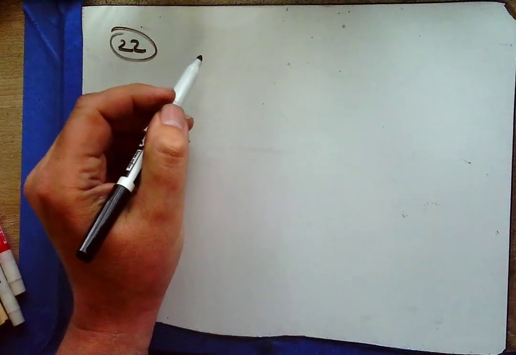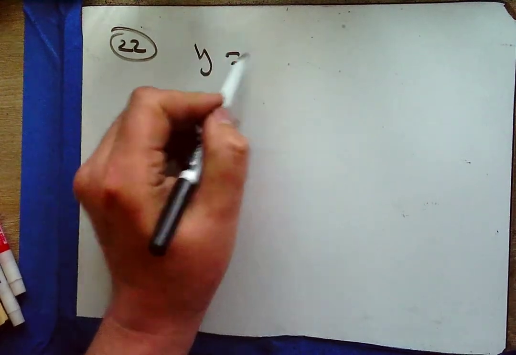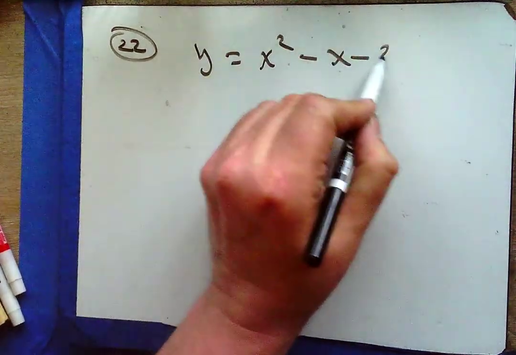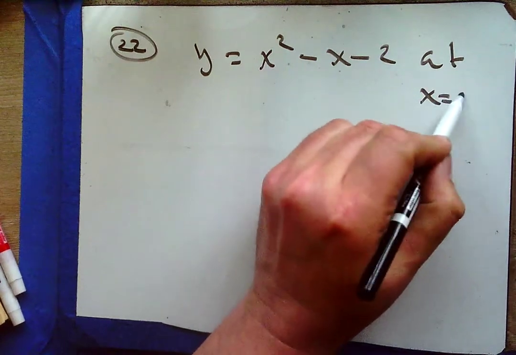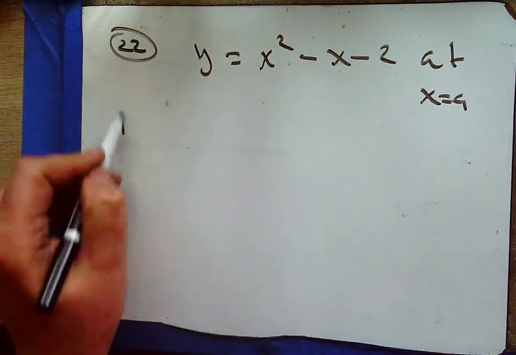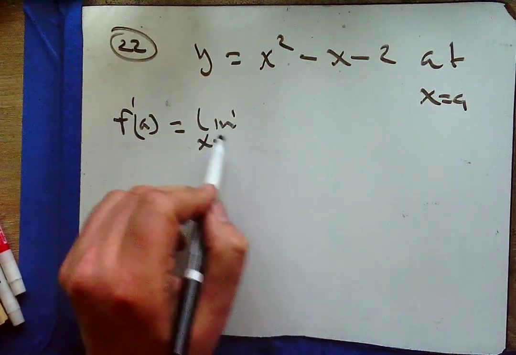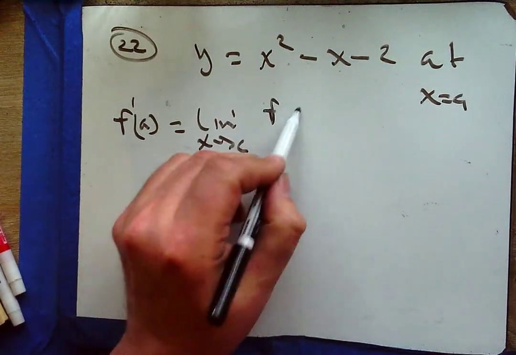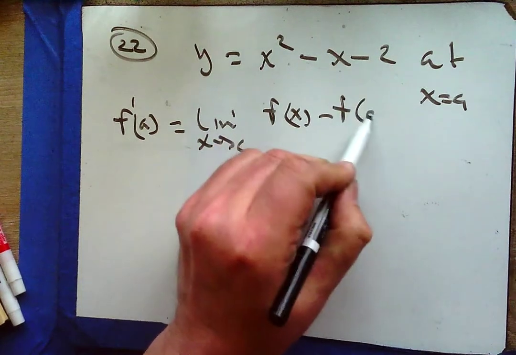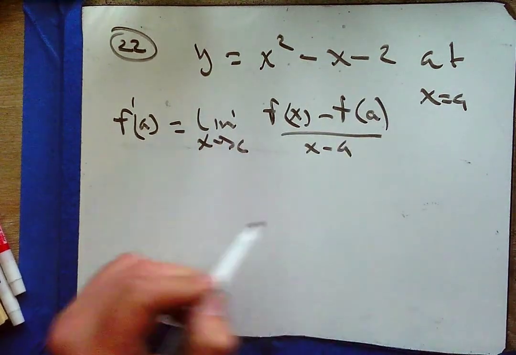Okay, what's next? 22. Ooh, there's only 23 problems. We're almost done. 22. Find the slope of the curve y equals x squared minus x minus 2 at x equals a. Okay, so f prime of a is the limit as x approaches a of f of x minus f of a over x minus a.